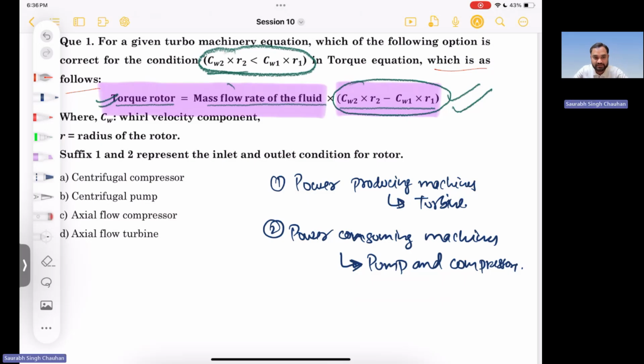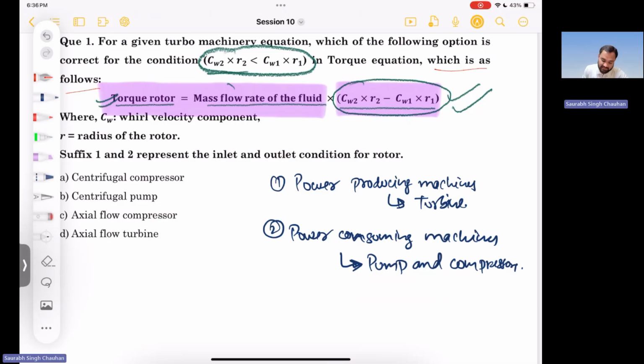And there are some other machines for which work done is zero. For example, a nozzle. In a nozzle, work done is 0.